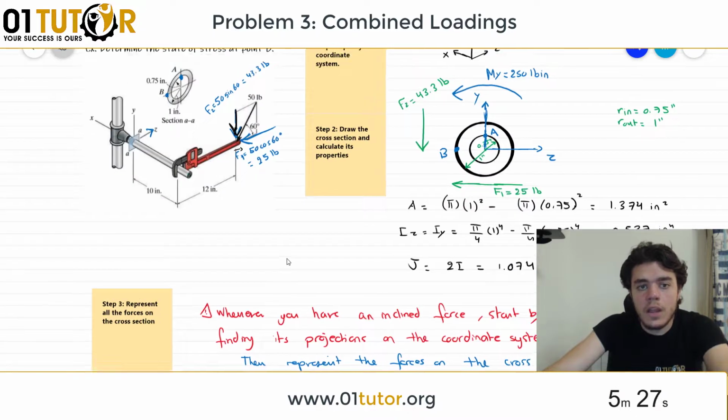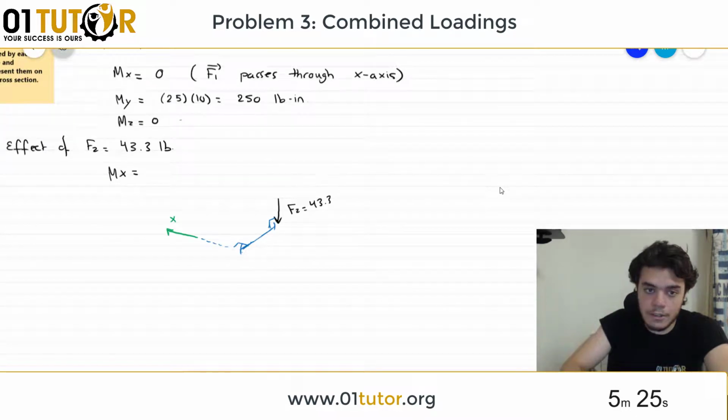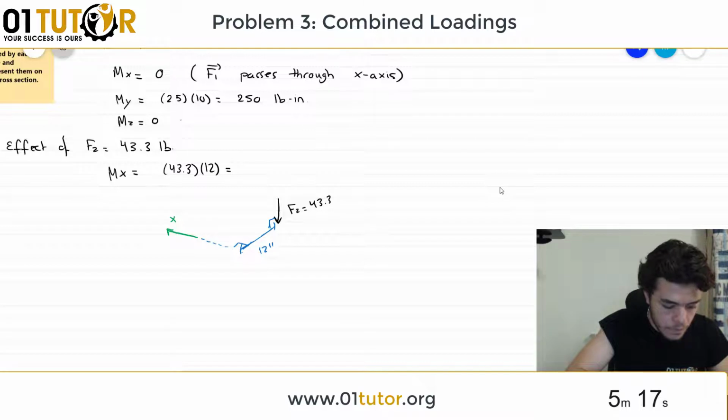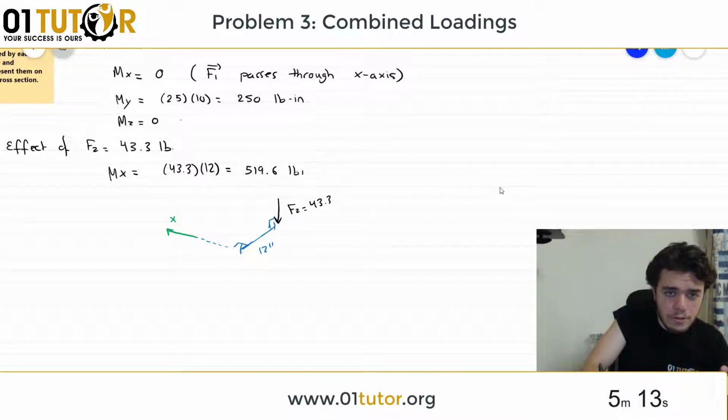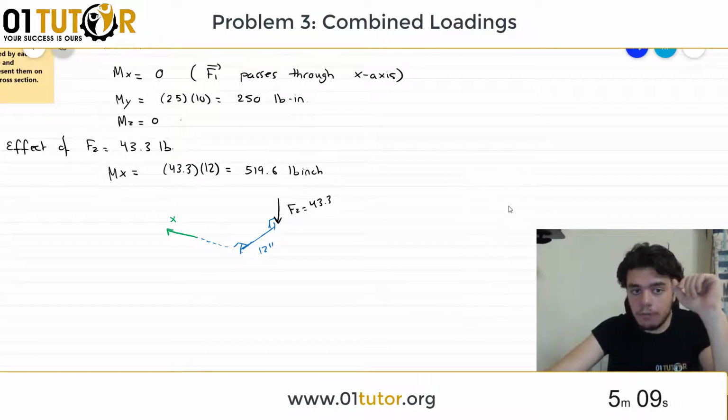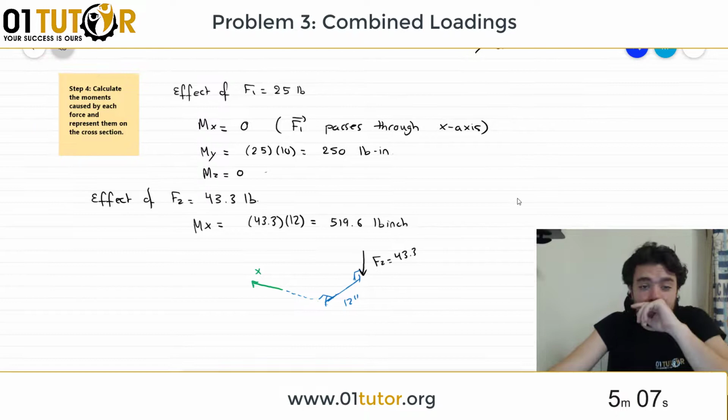It's equal to 12 inches. So Mx is 43.3 times 12, which is 519.6 pounds inches. We need to represent it on the cross section.